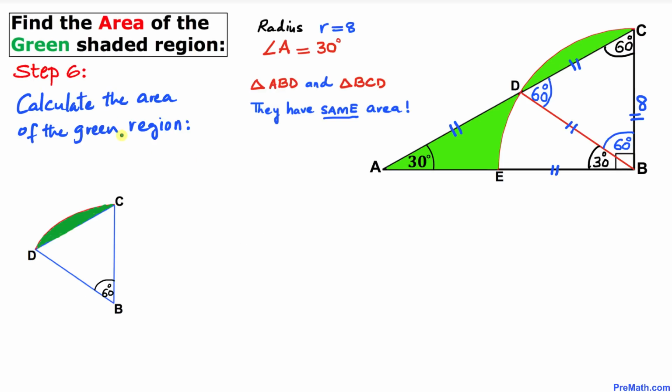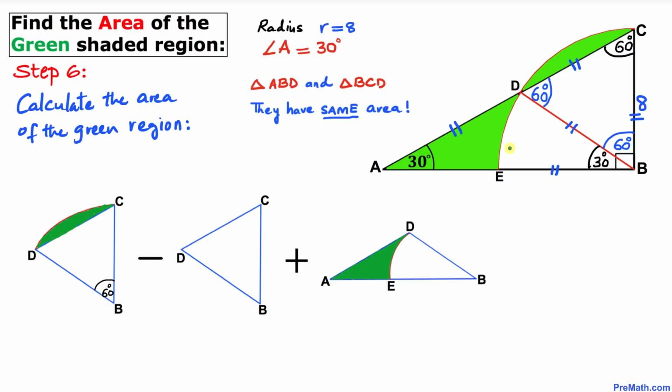And in this next step, we are going to calculate the area of this green region. For that purpose, let's focus on this sector. I just copied it down, this sector BCD, and then I have subtracted triangle BCD from it. Then I have added triangle ABD right over here.